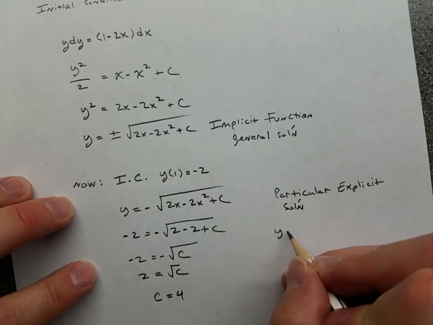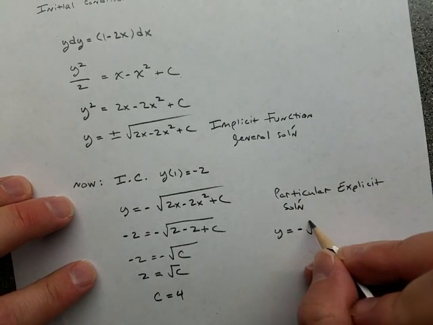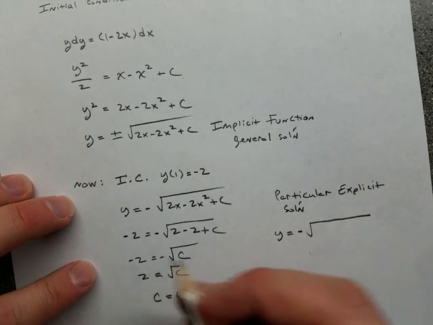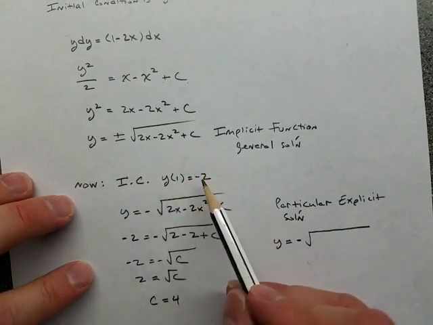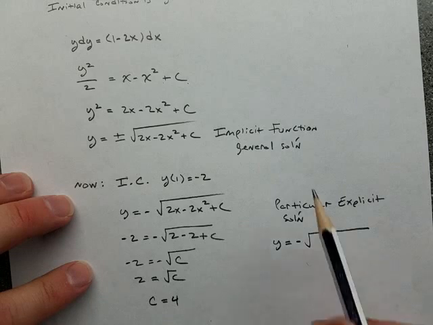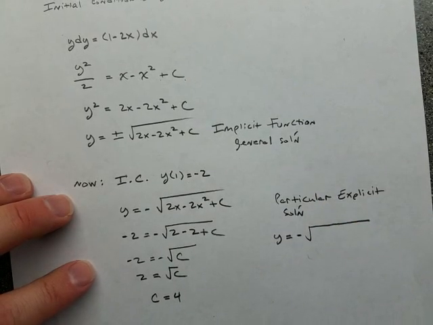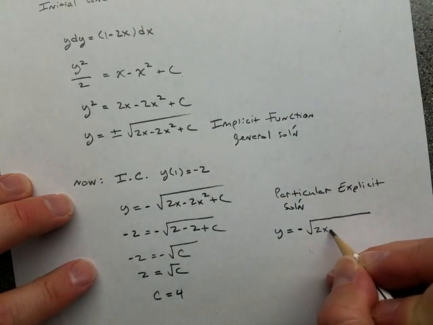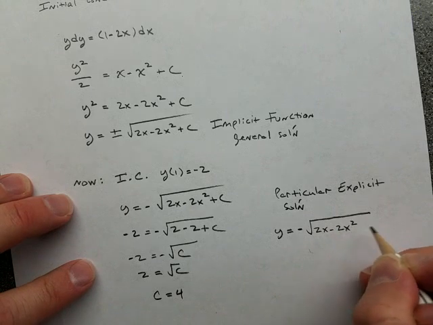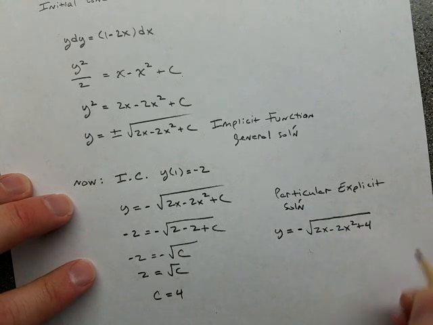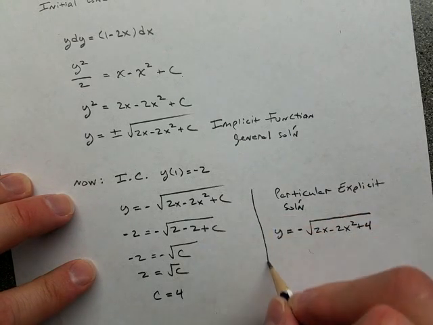It's going to be y is equal to the negative root, which that restriction alone accounts for our initial condition and makes it a function. That's why I call it the explicit solution. And then we get 2x minus 2x squared plus 4. Okay? All right.